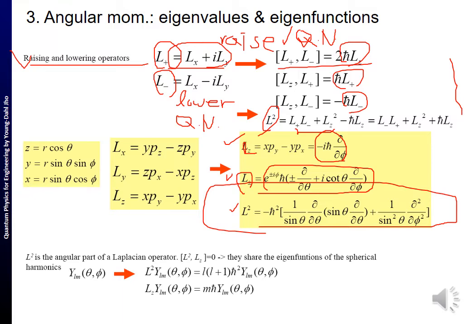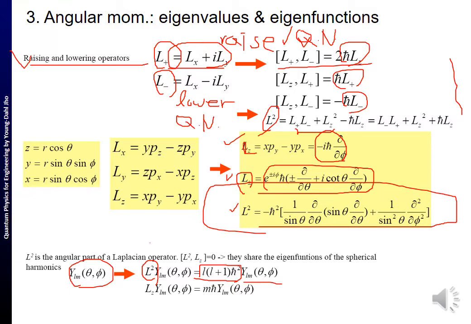And previously we know there is the wave function part for the angular equation, and the solution was Y_LM. So if we take the L square operator, then it will lead to L(L+1) h bar square times Y_LM.